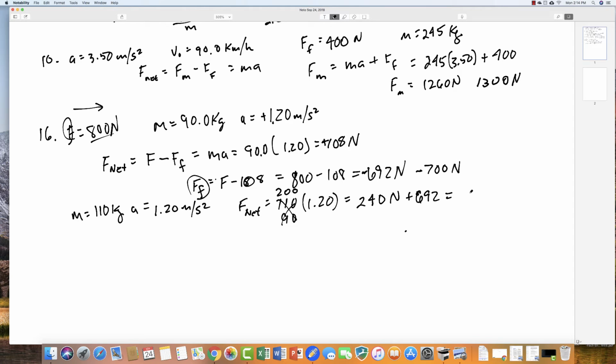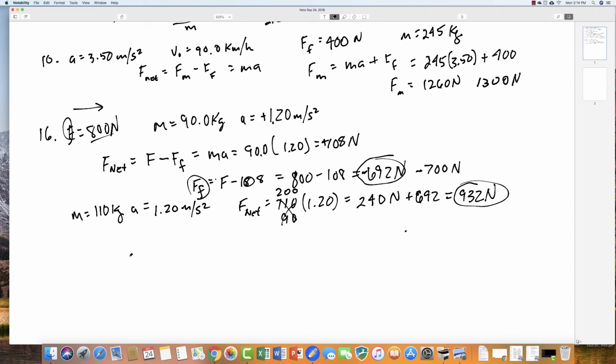So the total here is 932 newtons. Because of the significant figures, there is potentially some confusion in that regard. Again, the answer given in the book is 932 newtons, and for the first part, 692 newtons.